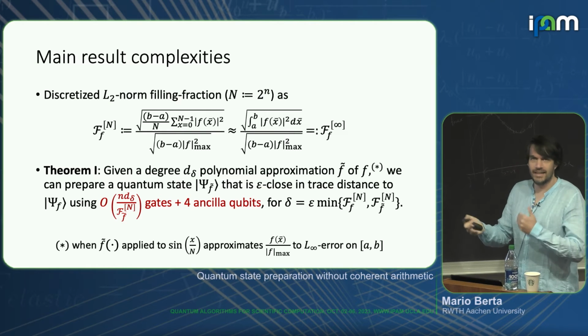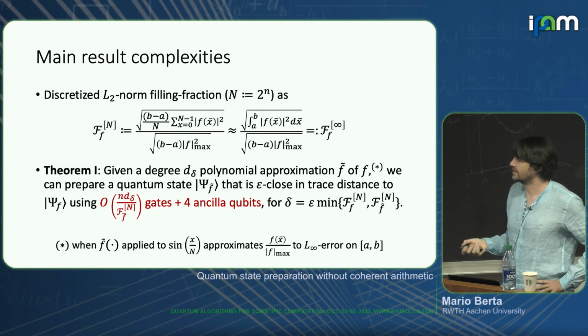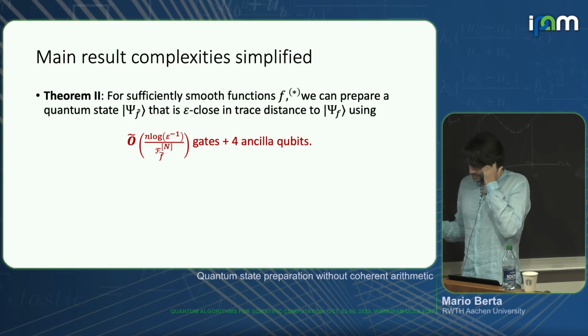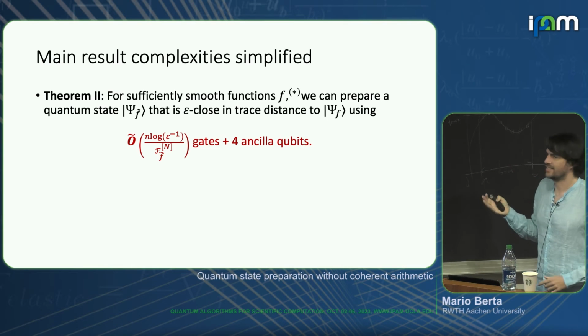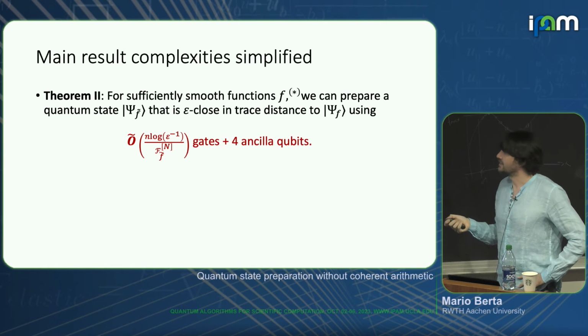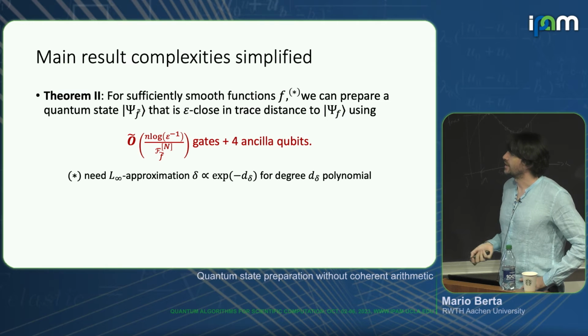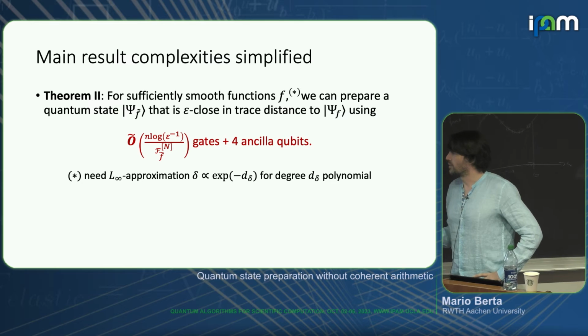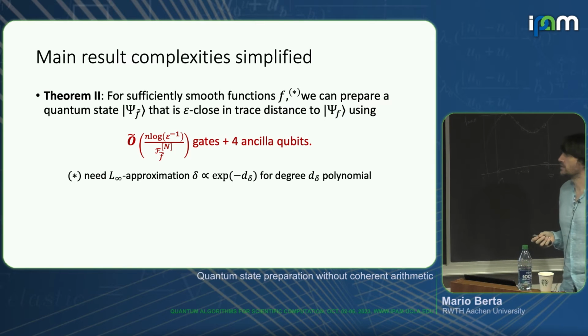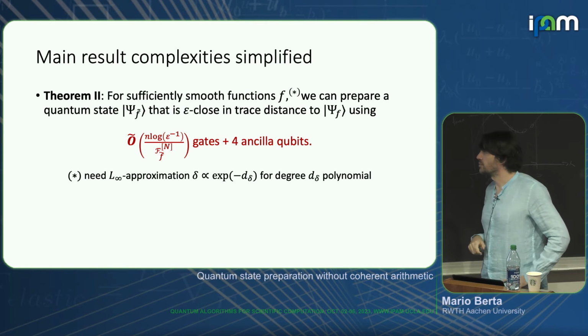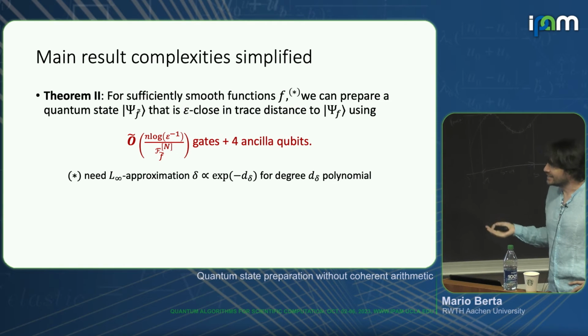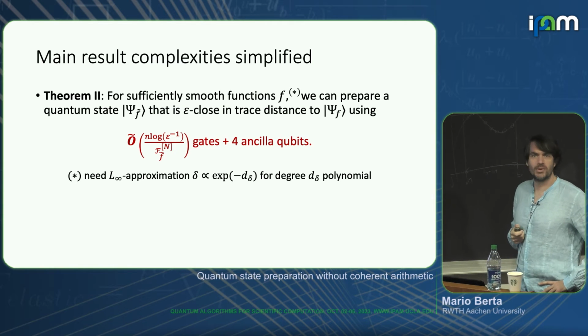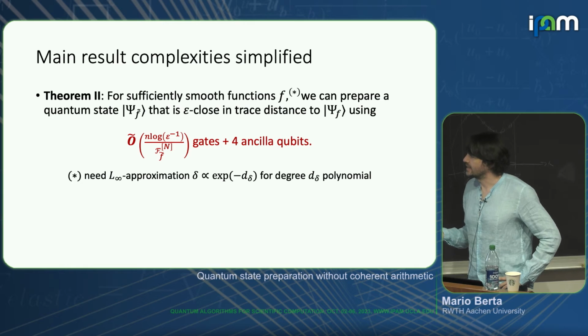Of course, now the scaling of this all depends on this d delta. And so the question is now, can we make some statements about this d delta? The simplified version of the theorem is, if you have a nice function, there's again a star here. The star means that your approximation is basically exponentially good in the degree of the polynomial. Then you can create this state that is epsilon close to the state you want, and things scale like that.